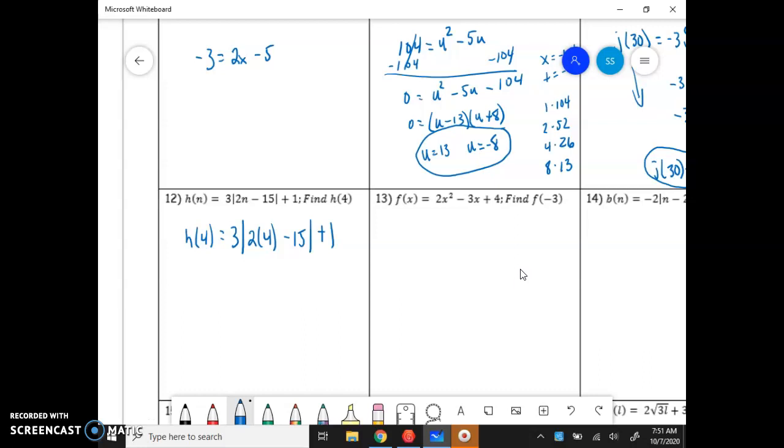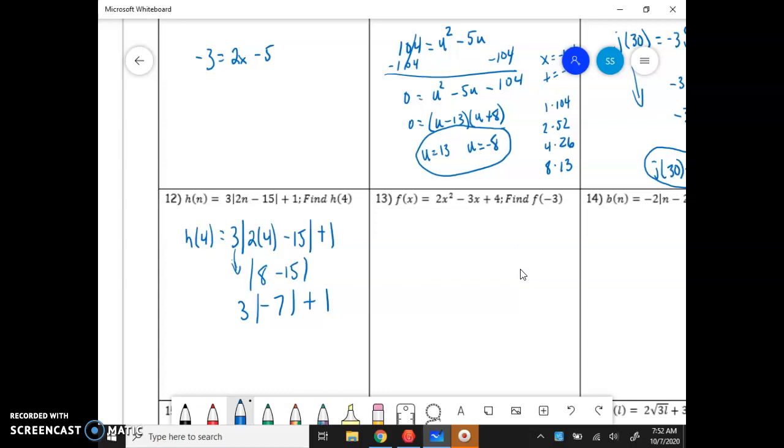Okay, so we start inside the absolute value symbol. So we got 2 times 4, that's 8, minus 15. That equals negative 7. Let's make sure we drop down this 3 and this plus 1. Okay, now we take the absolute value of negative 7.